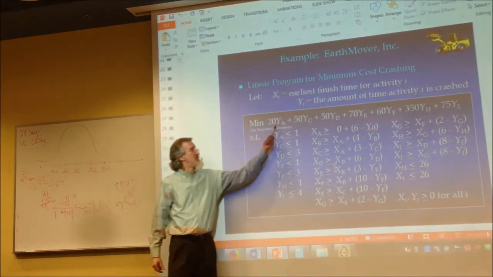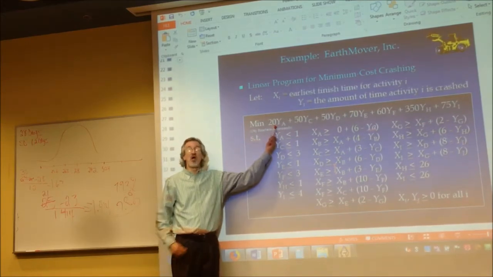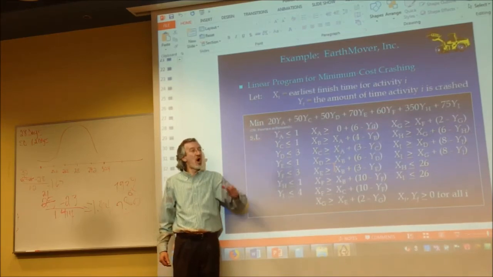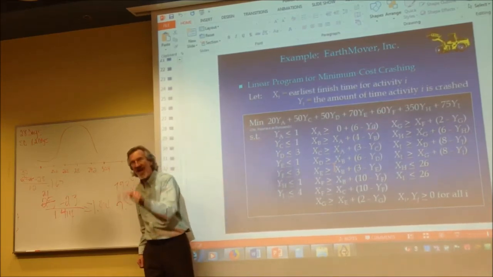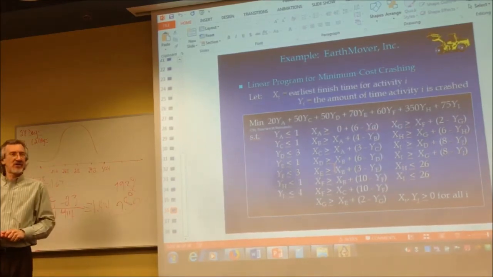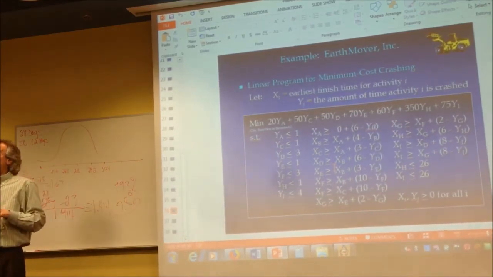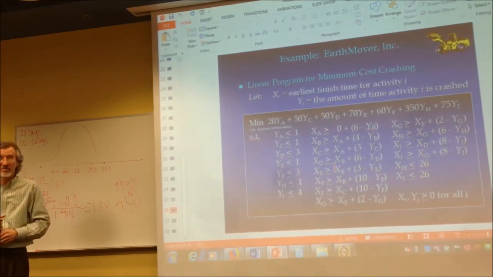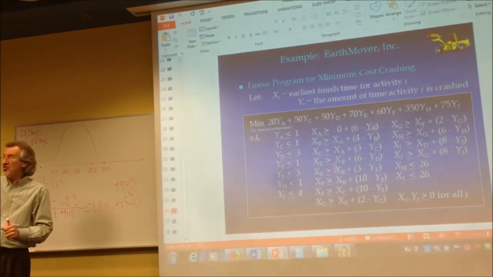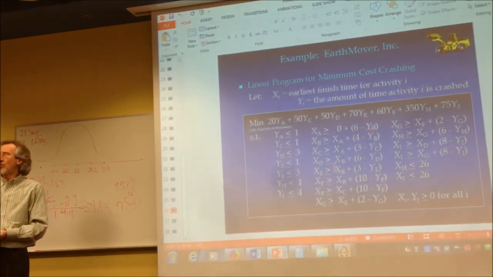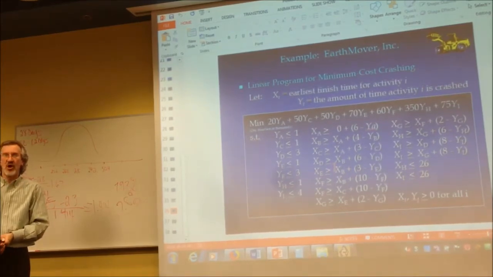The numbers in the objective function are always the cost per 1 unit of crashing that activity. Say that one again. The numbers in the objective function are always the cost of crashing 1 unit of time for that activity. There's the cost.